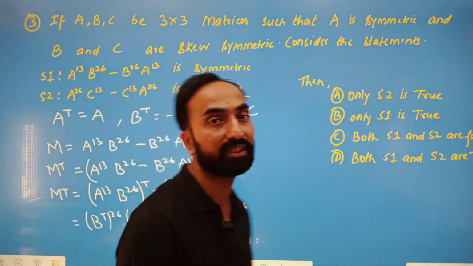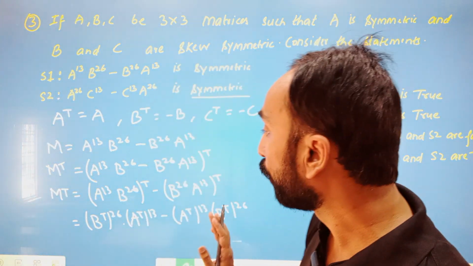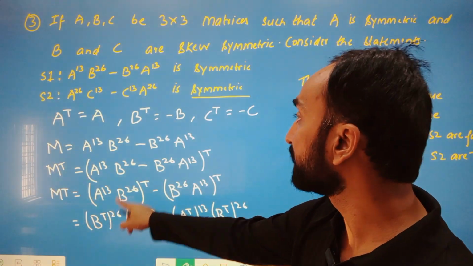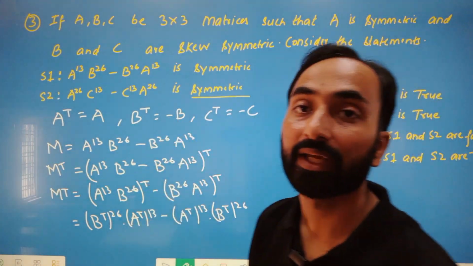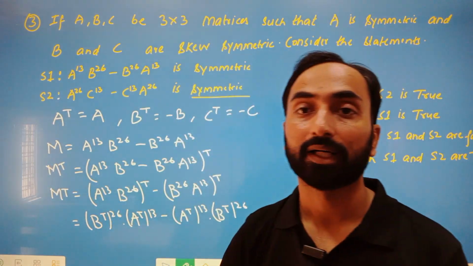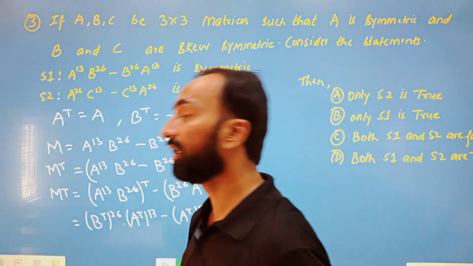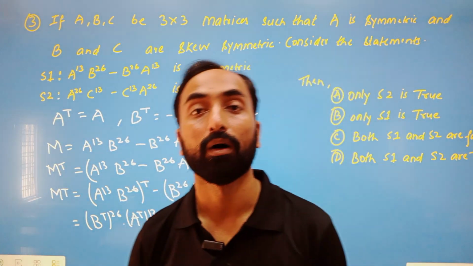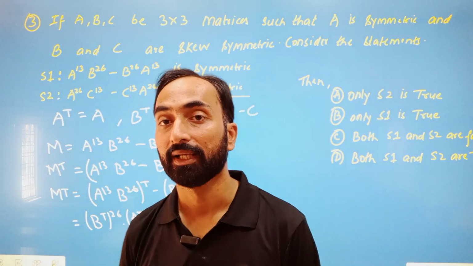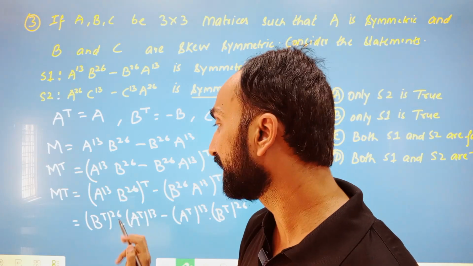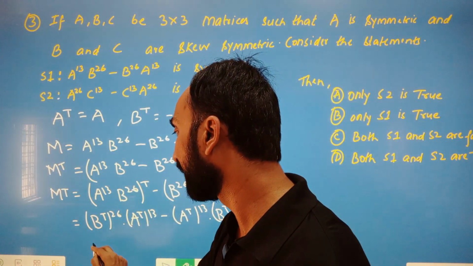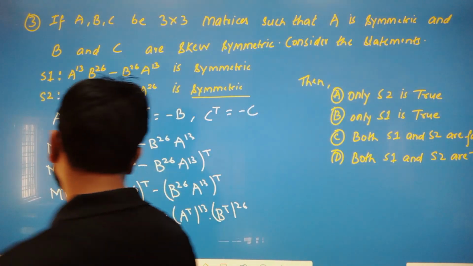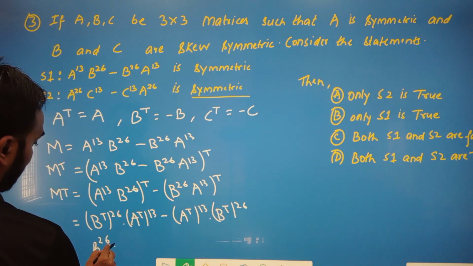I have considered the first statement only. Now B transpose is equal to minus B, but the power here is an even power. Whenever there is an even power, whether it is minus B to the power 26 or B to the power 26, in both cases the result will be the same.